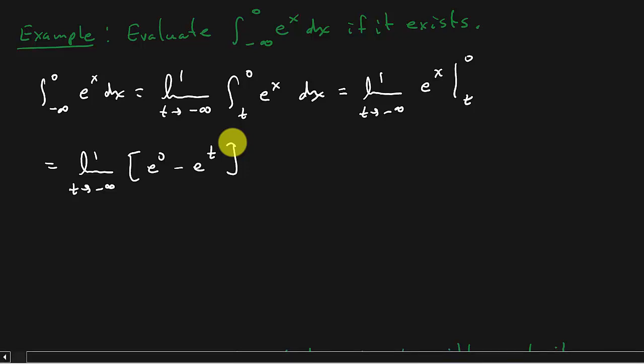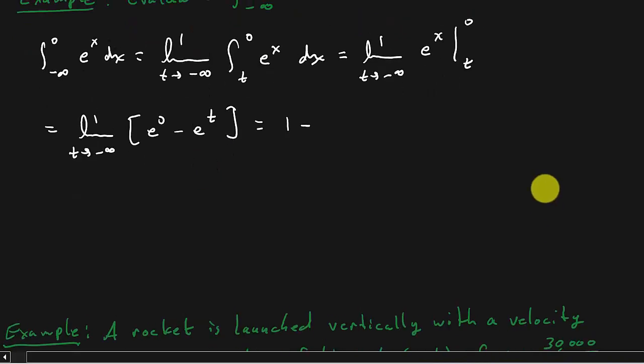So this is equal to 1, since e to the 0 is 1, minus, now let's figure out what this is. Let's talk through this. We've got e to the t, and t is going to negative infinity.